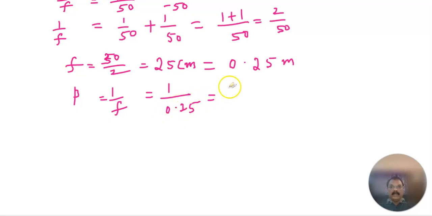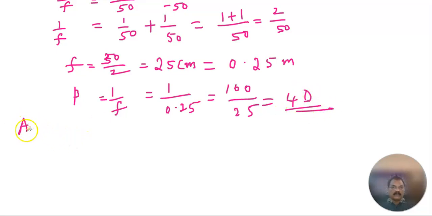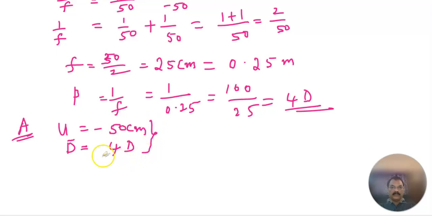Multiplying by 100, you get 100 by 25, which is 4 diopters. So finally the answers are: u is equal to minus 50 centimeters, and power is equal to 4 diopters. Positive sign indicates a convex lens.